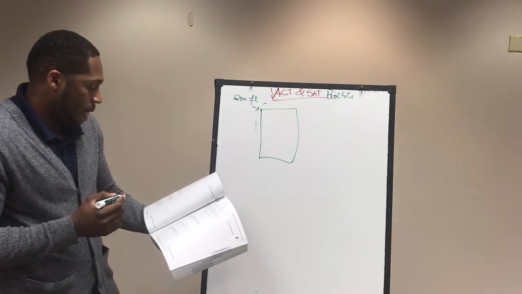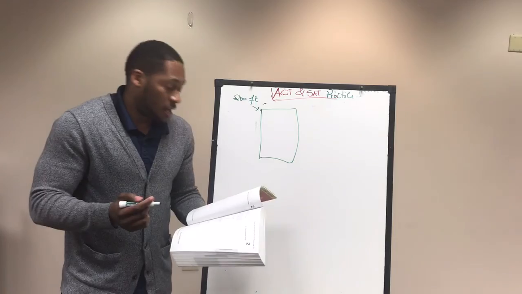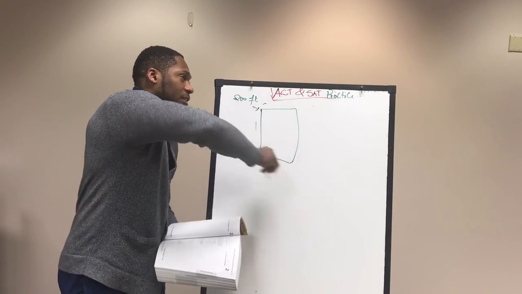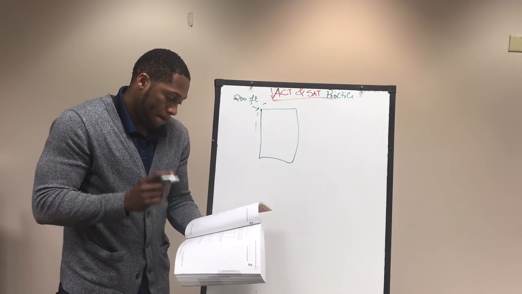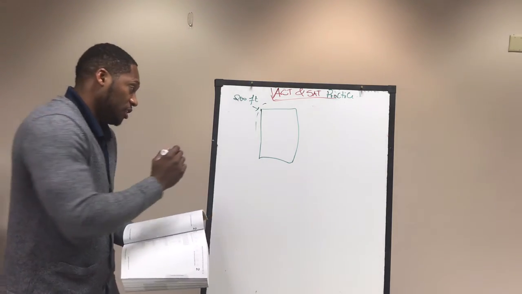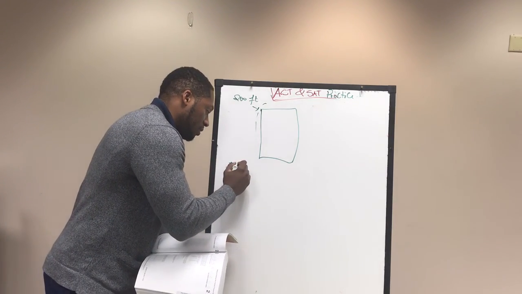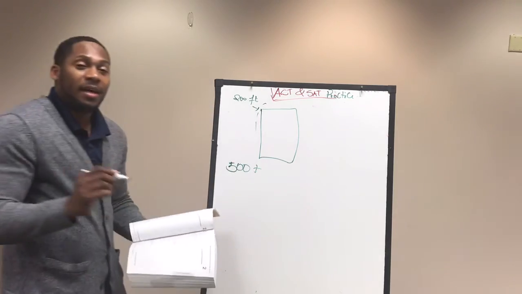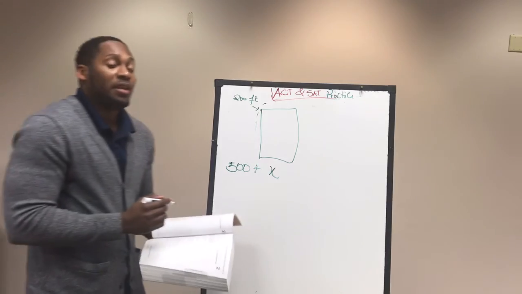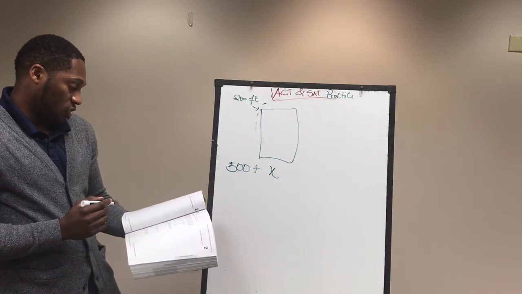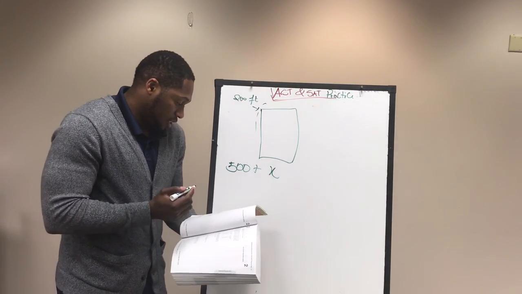But there's a company that is going to come and put fence around this house. What the company charges is $500 plus a certain amount X per each foot. So it's charging X per each foot.